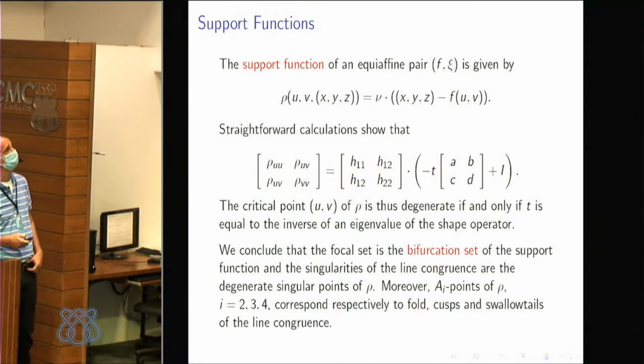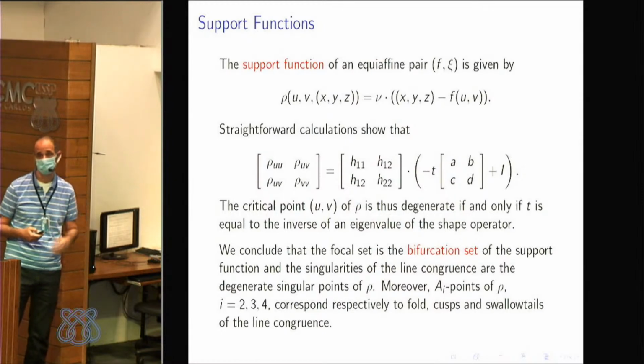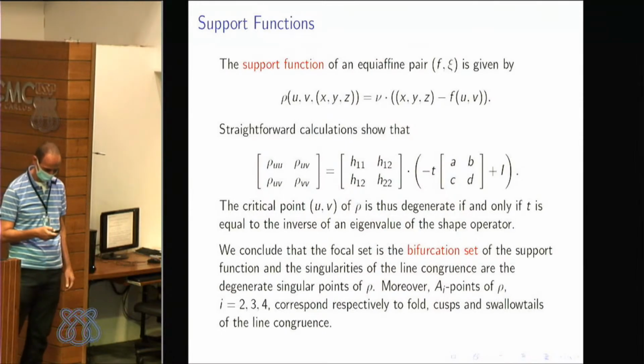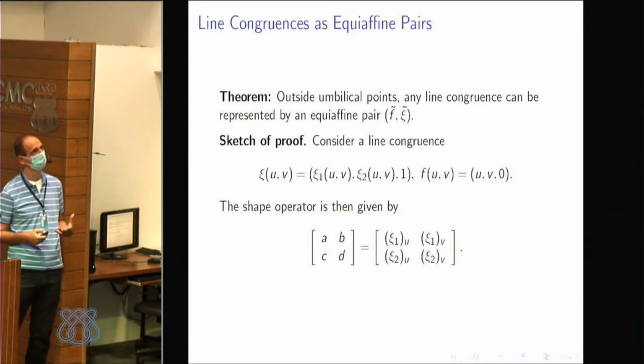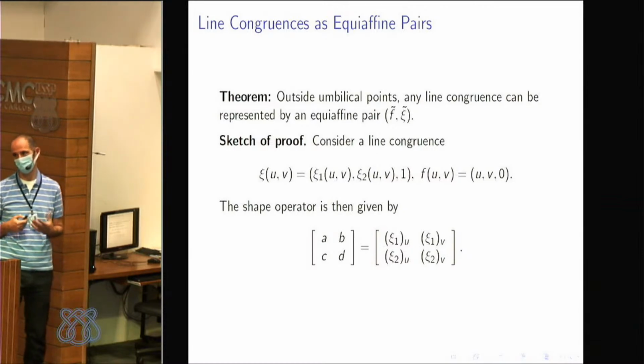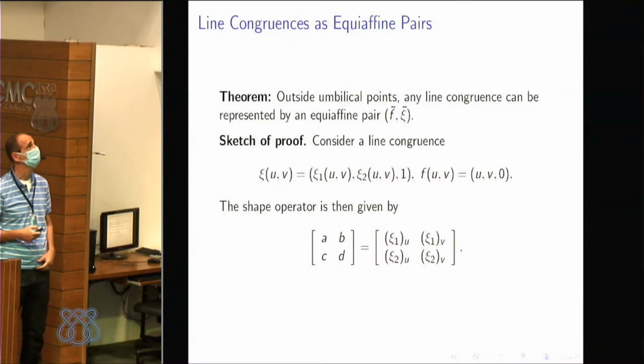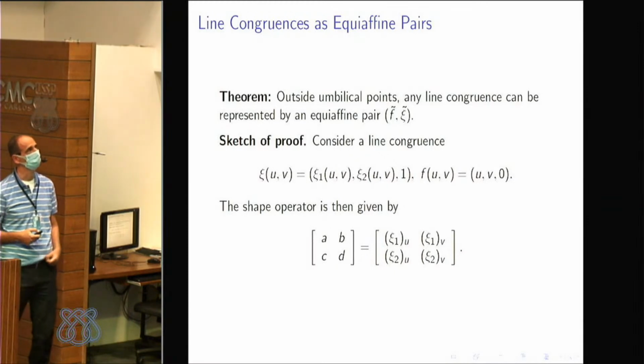So it's important to have this equiaffine pair because it leads to the support function, and with it we can calculate everything. And one of the main theorems is that outside umbilical points, any line congruence can be represented by an equiaffine pair.